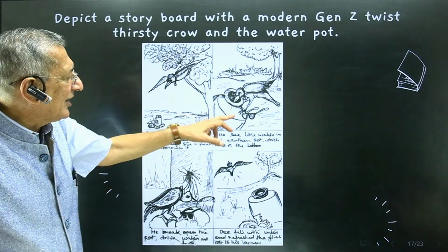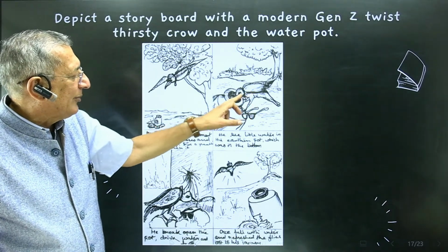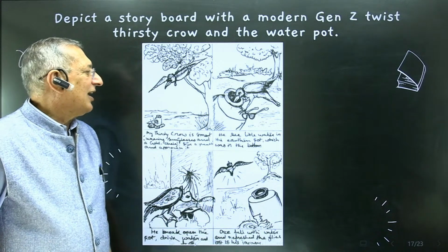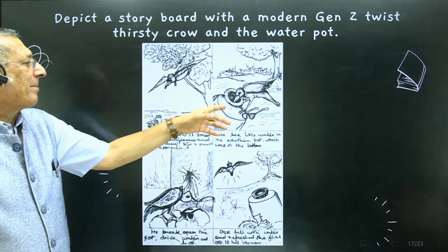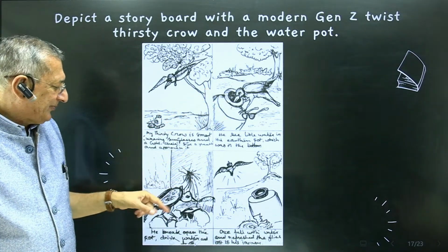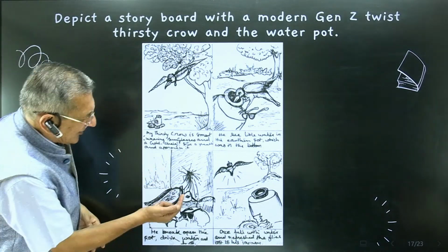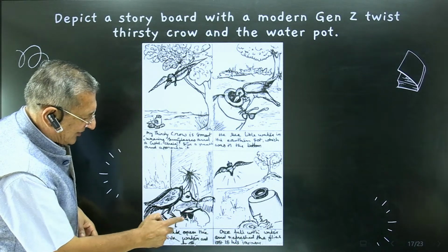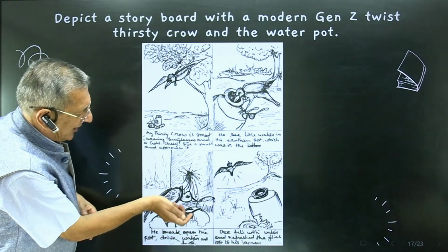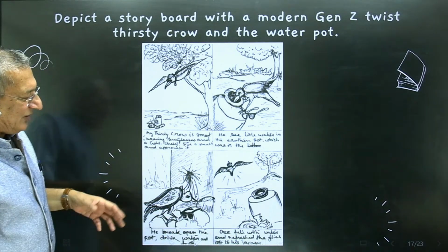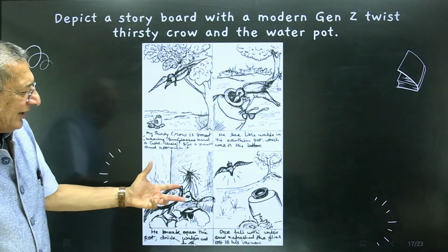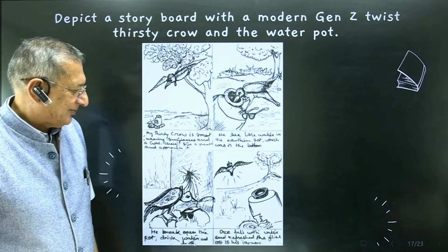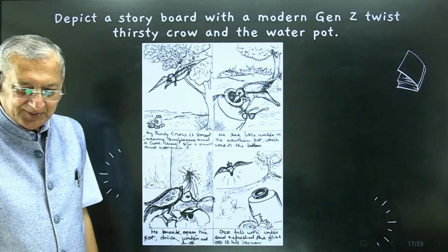And look at the way it has been depicted. He removes the sunglasses, keeps it here, and looks into the pot, and then he turns his beak and comes down. Here is his sunglass, and he breaks the pot open, drinks the water, and flies off back with the sunglasses.